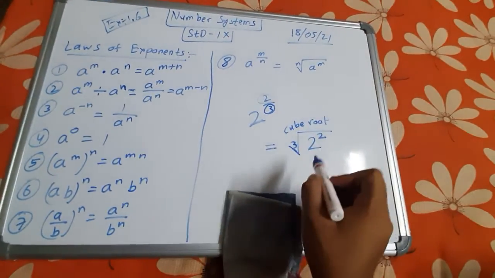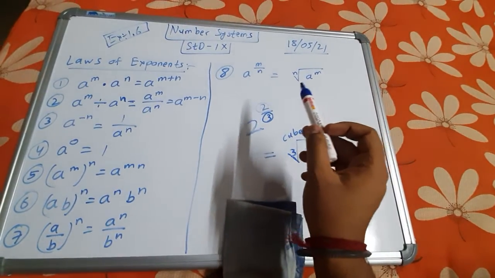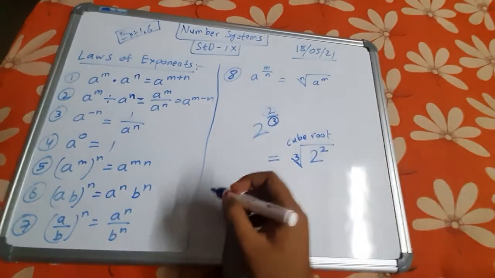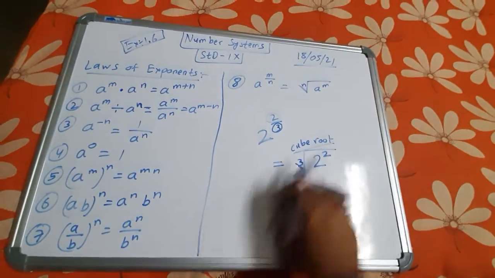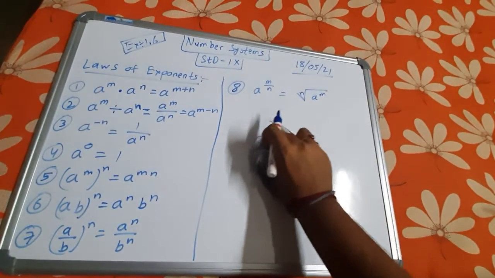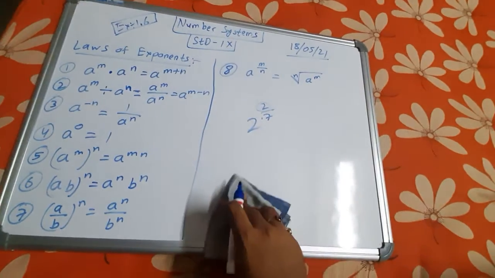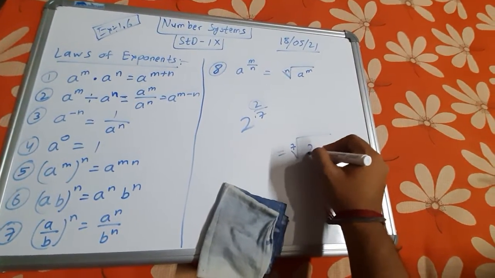See, this format and this format, try to match it. It is a to the power m by n is nth root of a to the power m. I am calling it nth root. Over here it's third root. Third root is also known as cube root. Suppose this was not a cube root, suppose this was let's say 2 by 7. So it will be 7th root of 2 to the power 2.